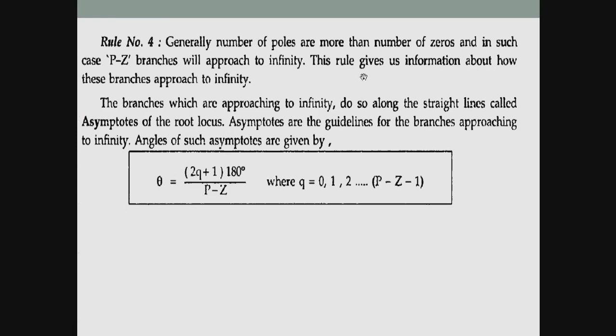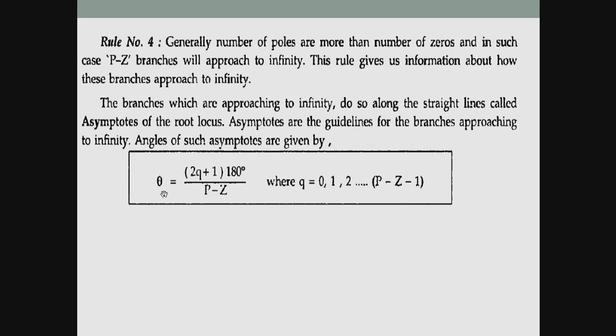In such a case, p minus z branches will approach infinity, as we have already discussed. This rule gives information about how these branches approach infinity, from which point and at which angle they move towards infinity. The branches approaching infinity move along straight lines, which are called asymptotes of the root locus. These asymptotes are the guidelines for the branches approaching infinity.